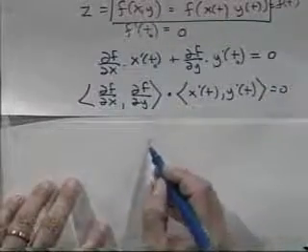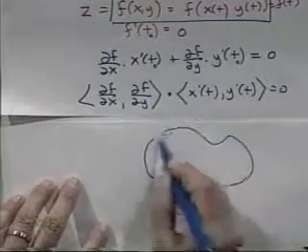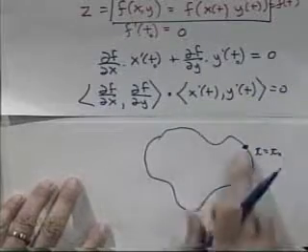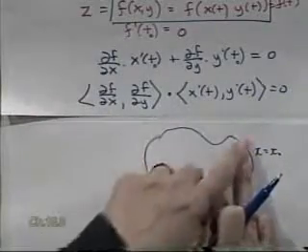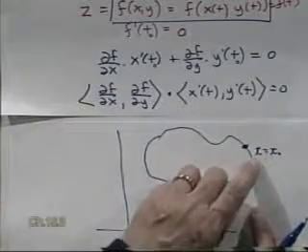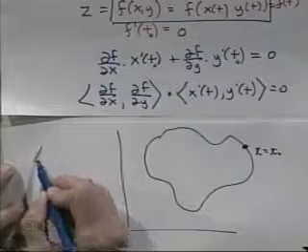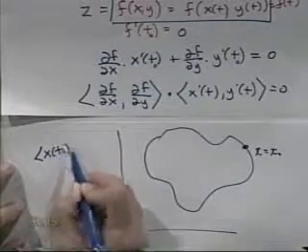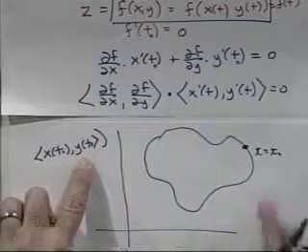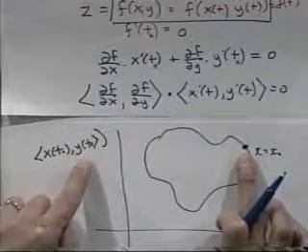Here's my curve. And maybe right here at that point, that's at t equals t naught. Right there, if I look at f of x, y at that point, and we'll pretend my x and my y axis are right here, notice this is t naught, but your point's going to be x of t naught comma y of t naught. We're assuming that if I find f of x, y at that point, I've got a max or a min.